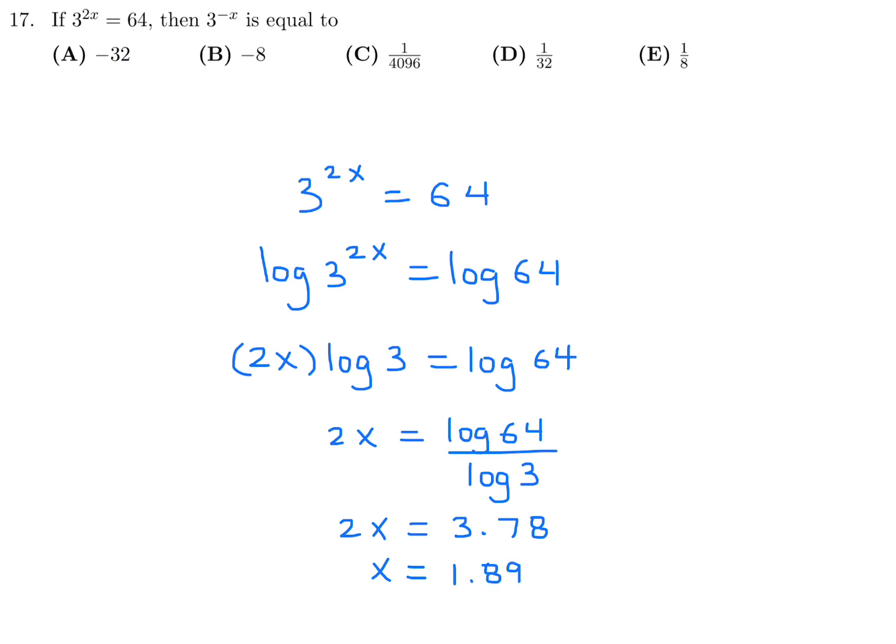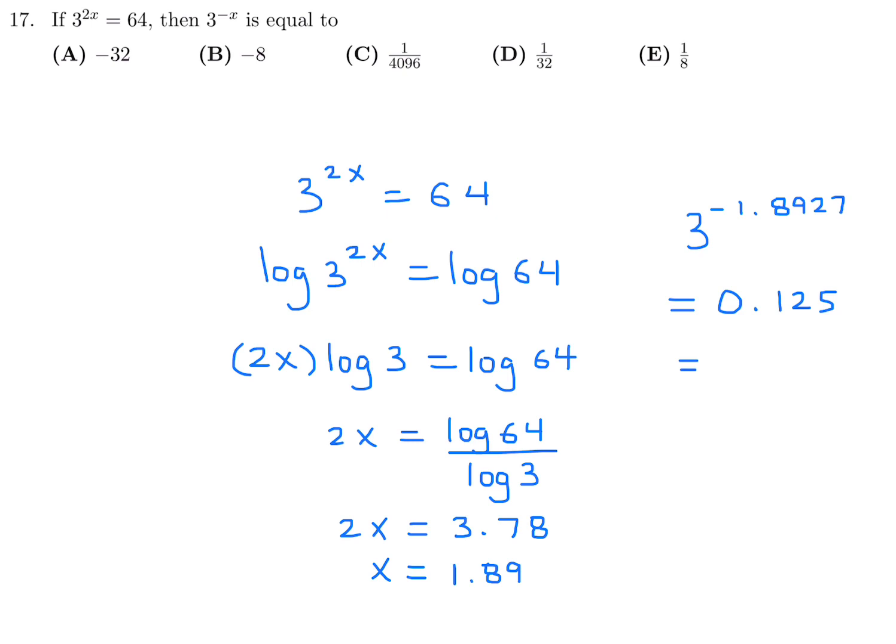And then all you have to do now to figure out 3 to the power of negative x, and x was 1.8927 to 4 decimal places. And when you do that in your calculator, it will be approximately 0.125.